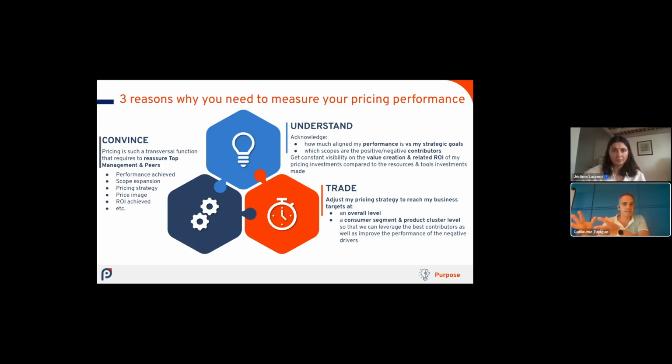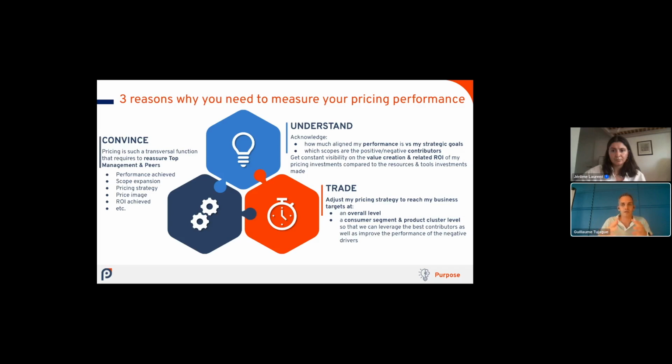These two elements, understanding and convincing, enable us as well to achieve the third objective, which is the ability to steer or pilot the performance. If I don't know what the pricing impact of what I do is, how can I optimize it? I need to be able to know if my pricing strategy is performing well or not, so that I can pilot and adjust my strategy.